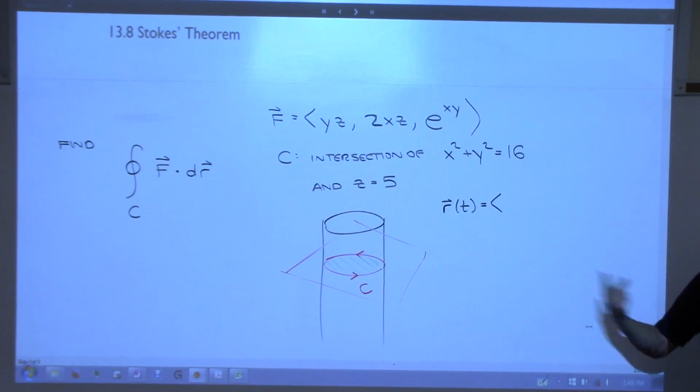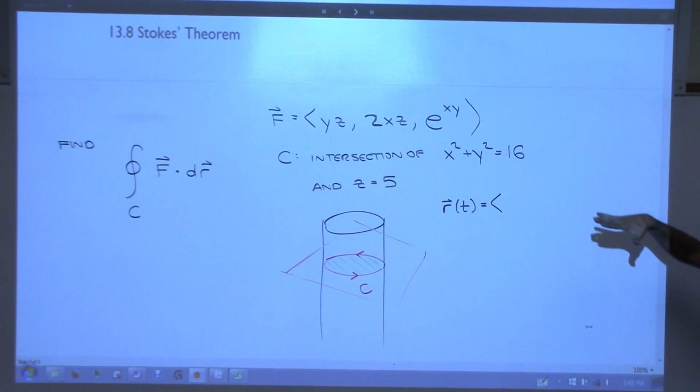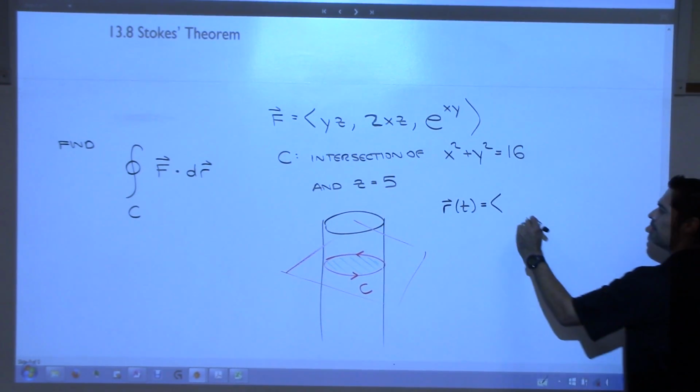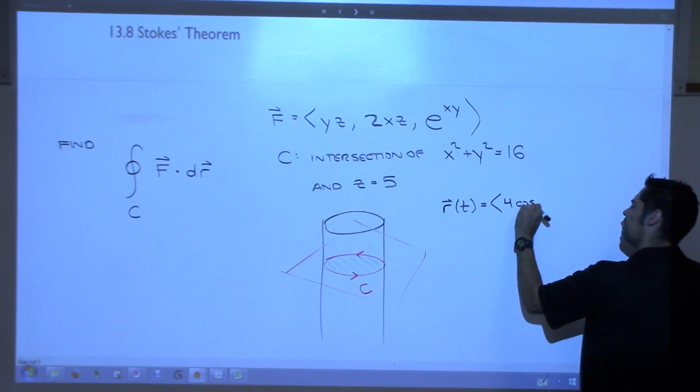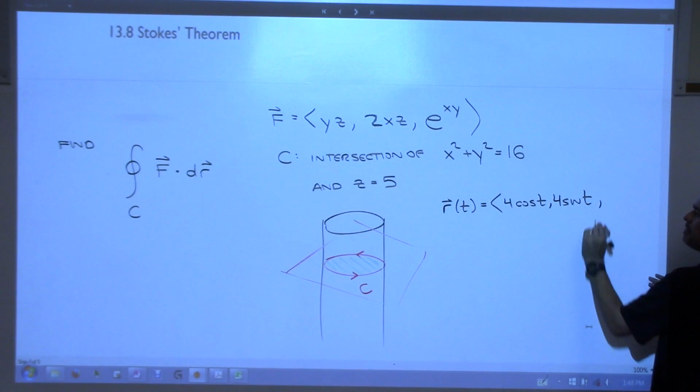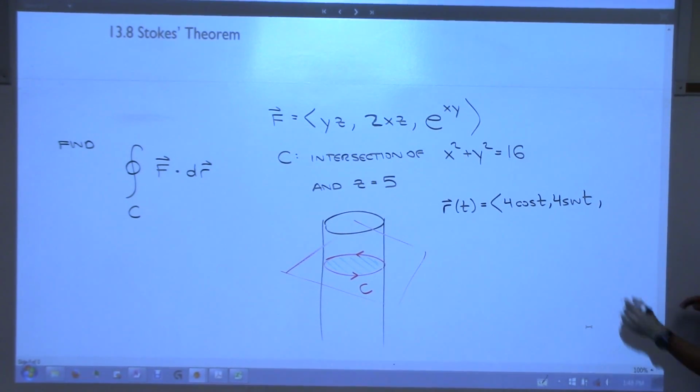What is that? That's a circle, right? Radius 4, basically in the xy plane, but just moved up. So I could say 4 cosine t, 4 sine t. And what about my z? It's 5, constant, right? That would draw it, wouldn't it?